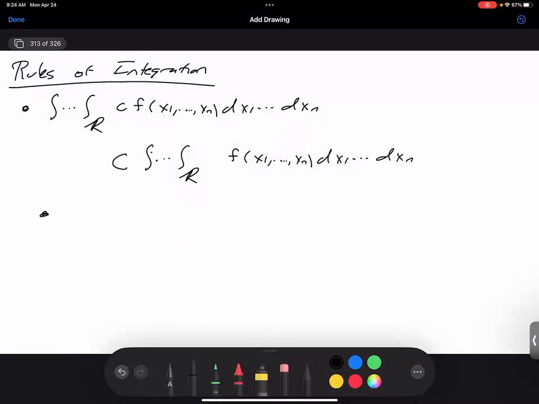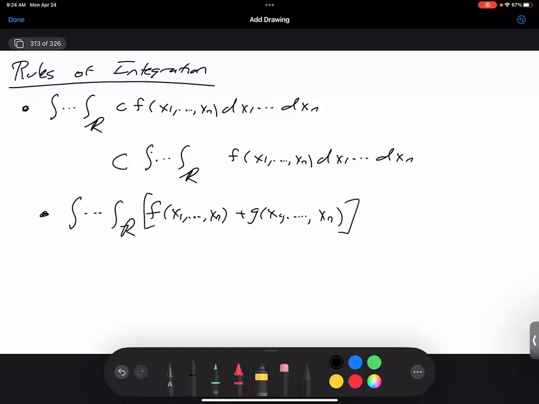The second rule is, what if I had the integral of f of x1 through xn plus g of x1 through xn, dx1 through dxn? So what if I had the integral of a sum or the integral of a difference? That would be the same thing. Yeah, you just split the integral into each.